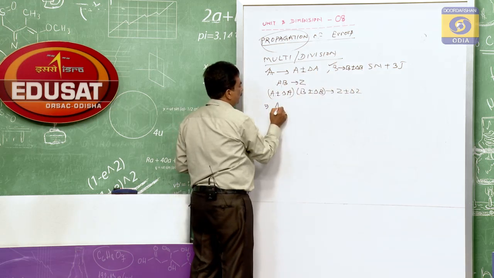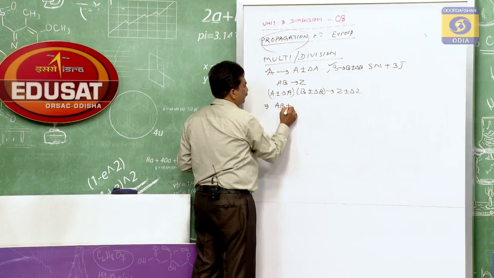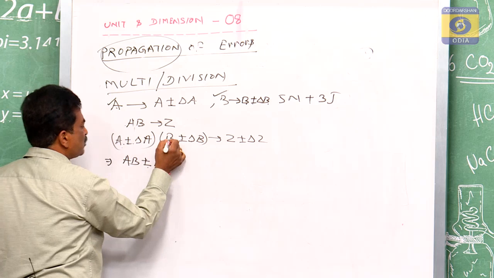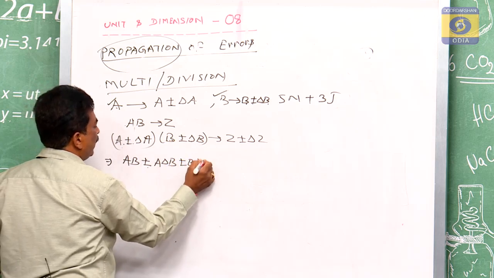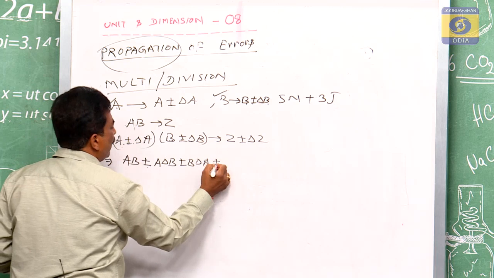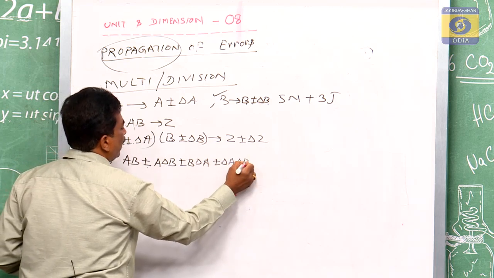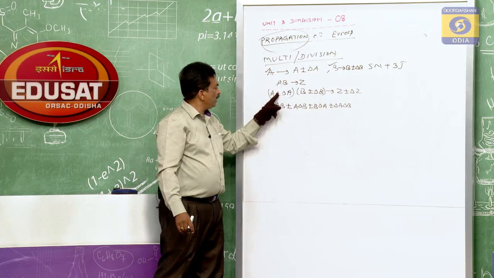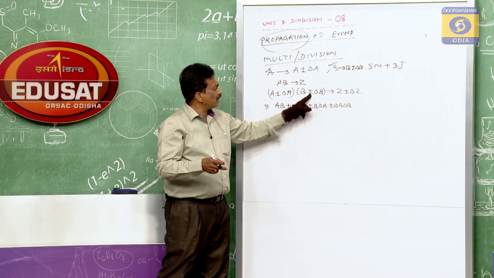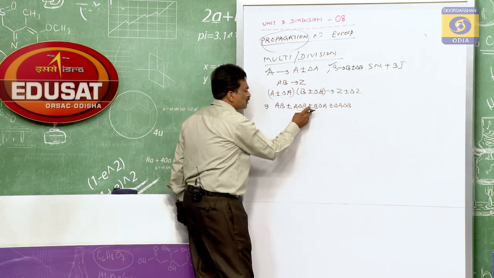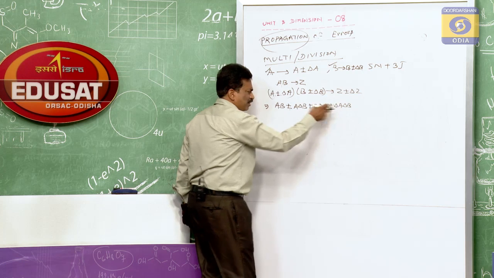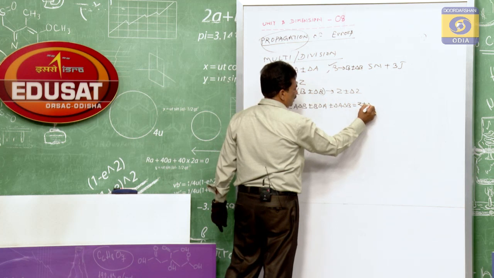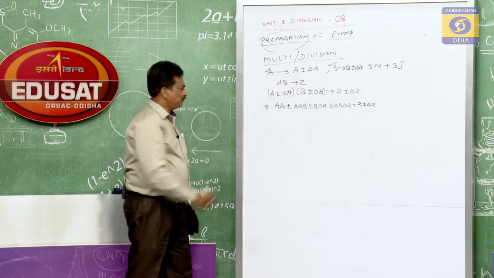Now, multiply. AB, then A with this one plus or minus A del B, then this with this one plus or minus B del A, then this with this one plus or minus del A del B. So it has 2 and 2, so there will be 4 terms, but since there is a plus or minus, there will be more terms, and this is equal to Z plus or minus del Z. Clear?